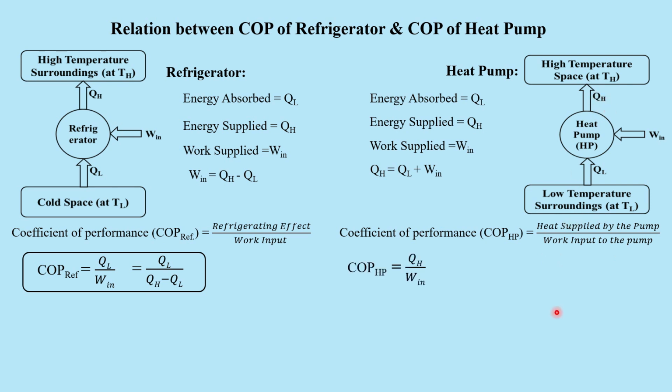So COP of heat pump is equal to QH divided by WN, which can also be written as QL plus WN divided by WN, because we have replaced QH with this term. On simplifying it, we get QL divided by WN plus 1, which can be written in this manner: COP of heat pump equals 1 plus QL divided by WN.